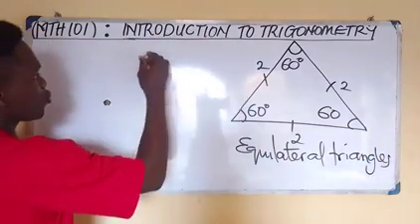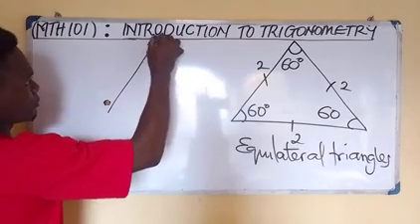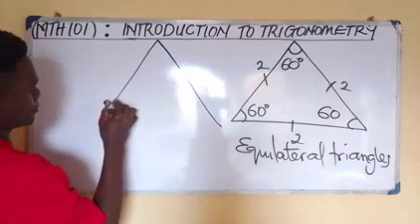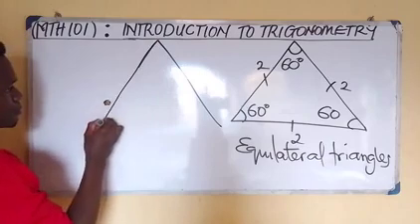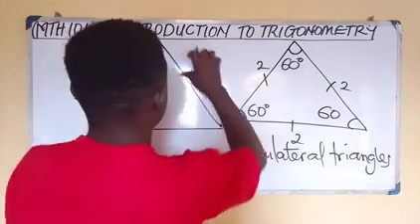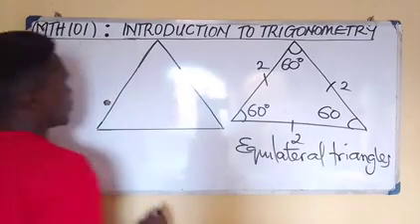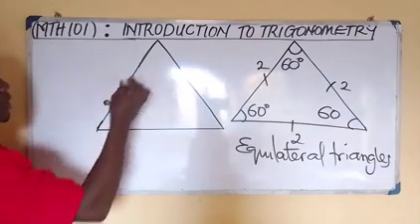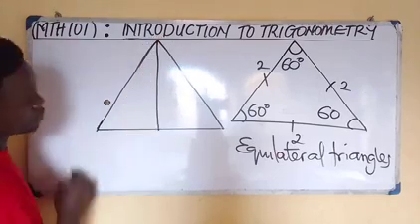So if I should draw another one, I'm having this, for example. Alright, and a line divides or passes through the middle of this triangle.